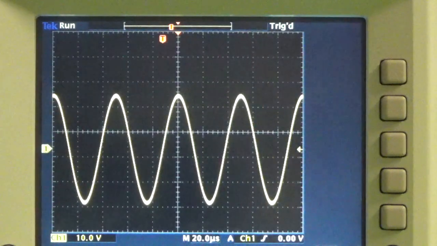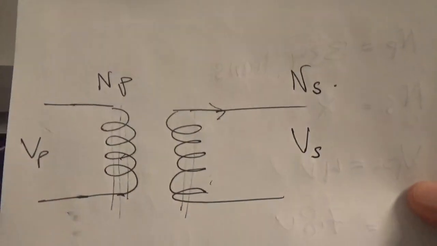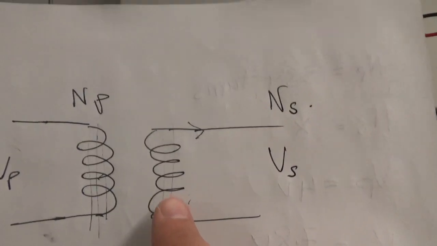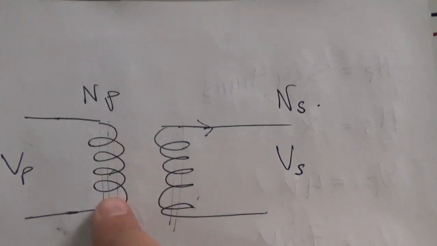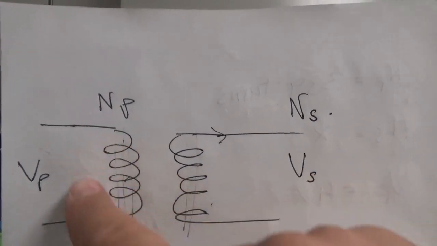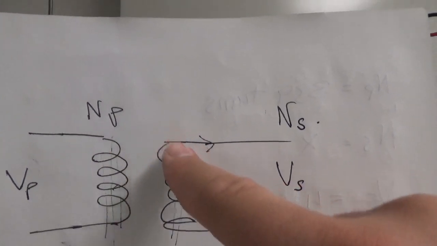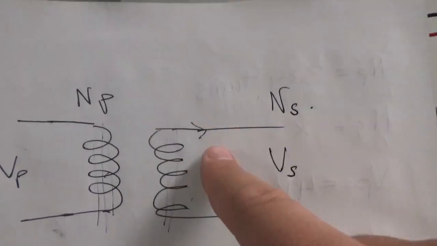And that current, again, I will show you this figure. Yeah, you can see that this primary coil can produce a magnetic field, and the magnetic field produced from this primary coil can go through this coil right here and induce current, or create current.